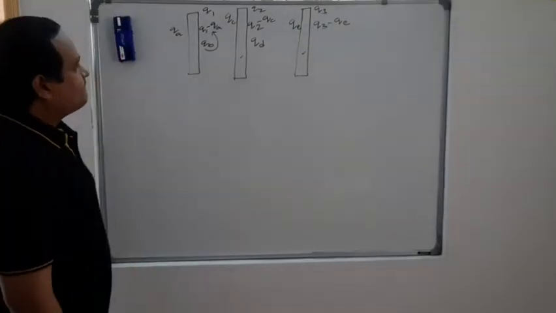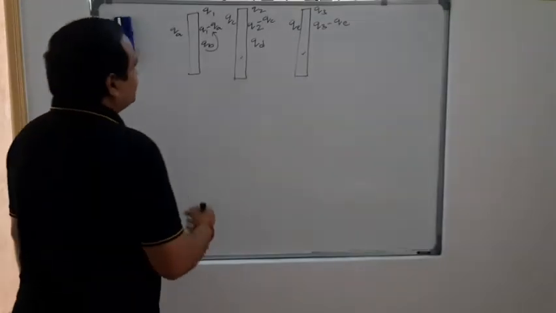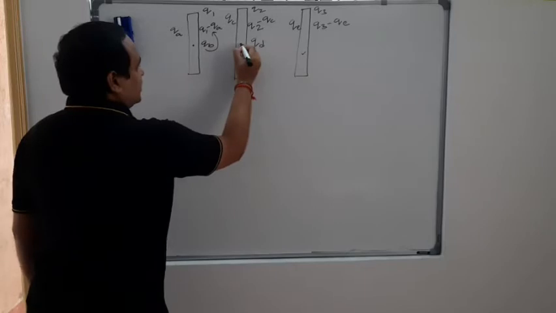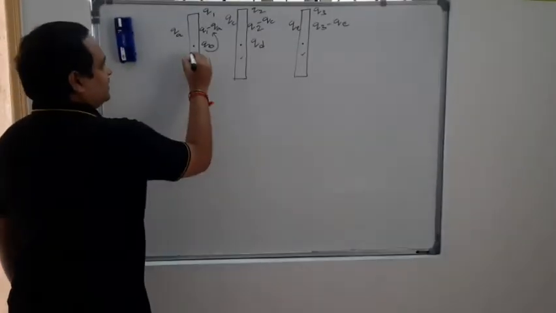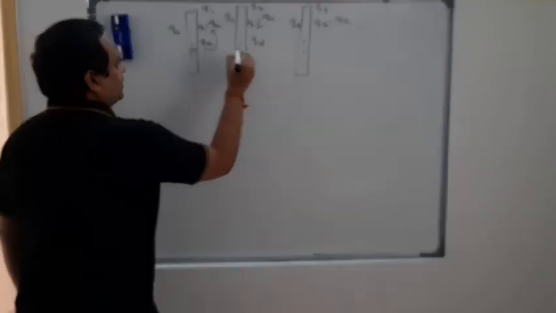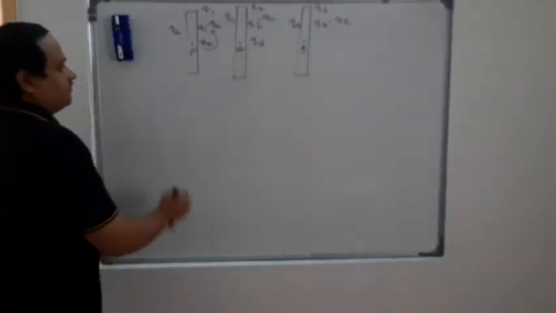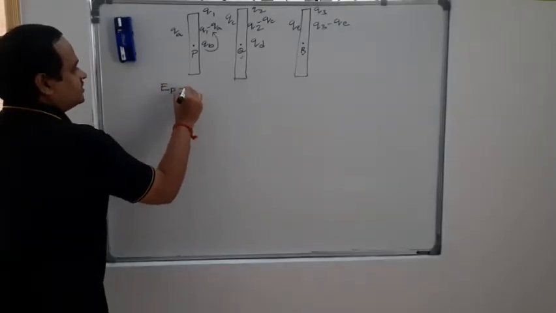Right. Now let us see. This can be solved by taking the electric field inside the conductor. Let us take this point as P, this point as Q, and this point as R. We know the electric field at P will be 0.